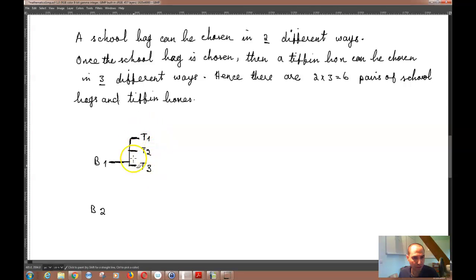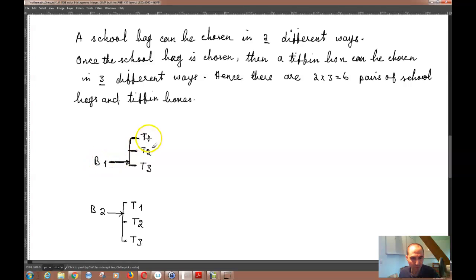In the same way, you have again the same three tiffin boxes, T1, T2, and T3, and you can choose the second school bag with the same tiffin boxes. That's why we say there are 2 times 3 pairs of school bags and tiffin boxes. There are 2 ways of choosing a school bag, 3 ways of choosing a tiffin box, and 2 times 3 is equal to 6 ways.